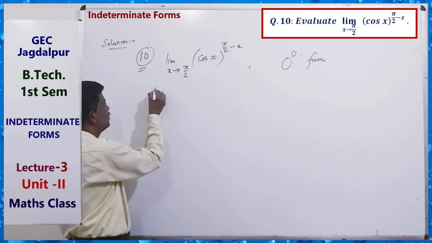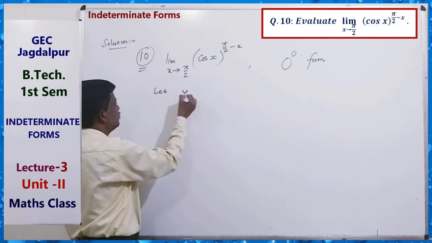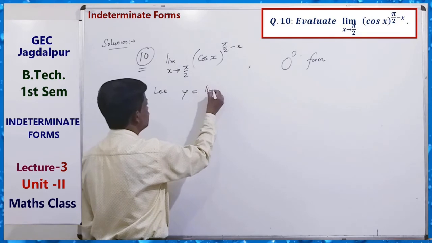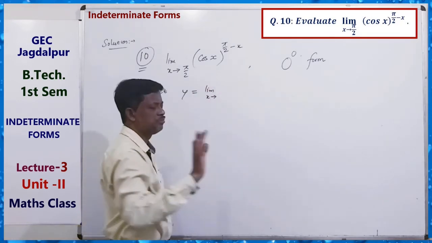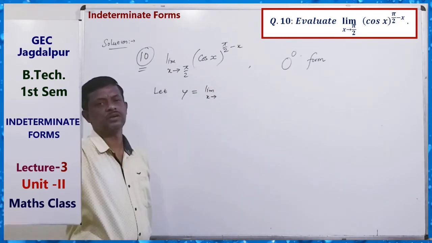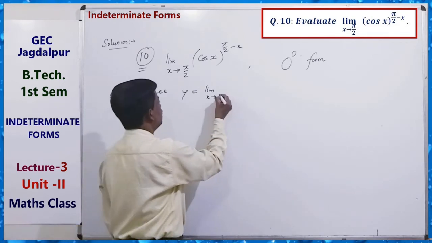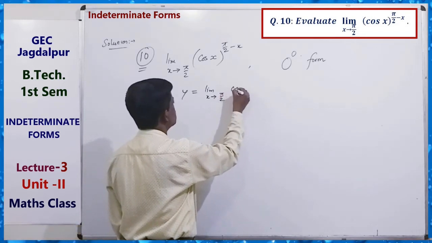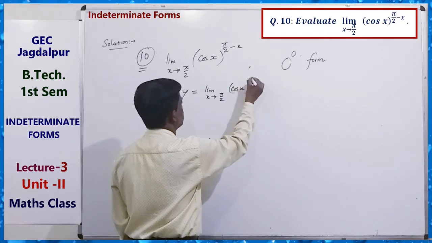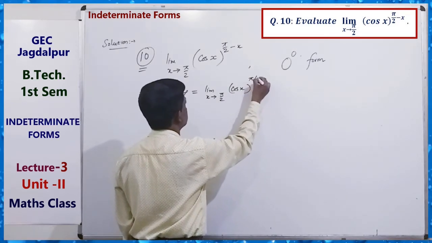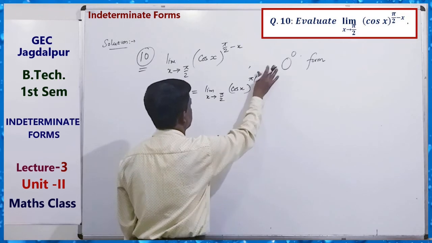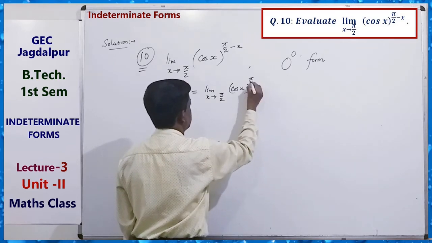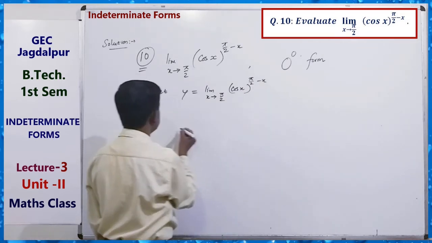So let y equal the limit, x tending to pi by 2 of cos x to the power pi by 2 minus x.